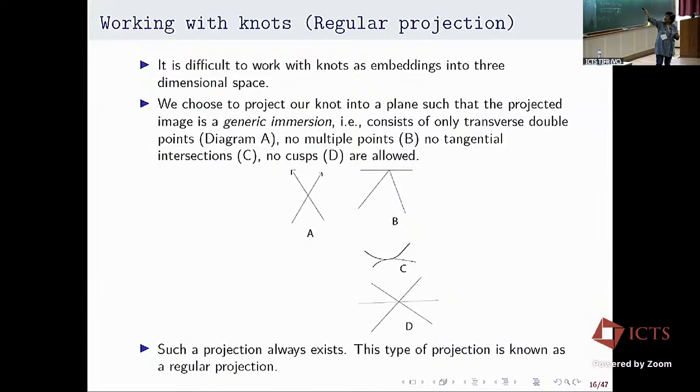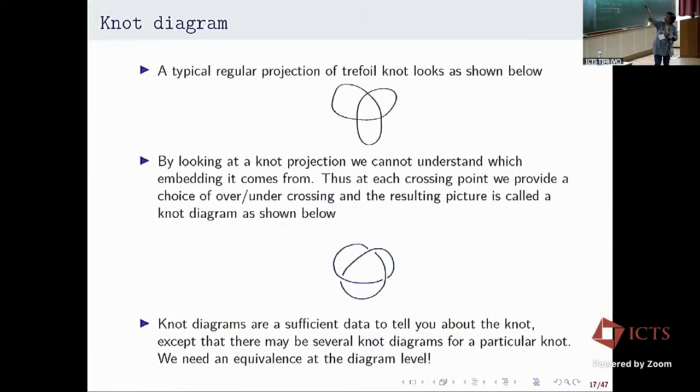The projection should not look like B or C. A strand shouldn't go tangential or have a cusp. So the projection should look like how that picture is. But once you project it, the information about under and over is lost, because in two dimensions they will cross, they will touch.